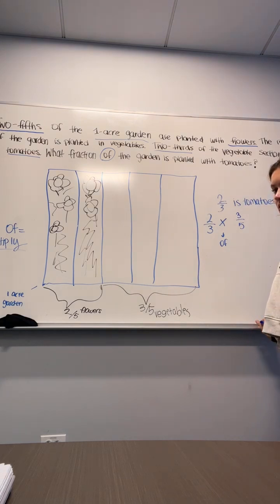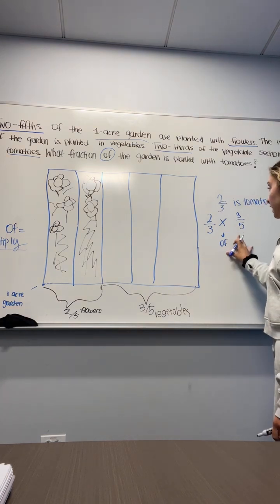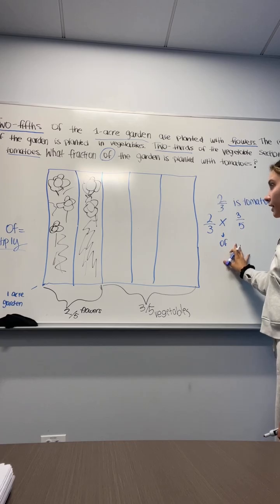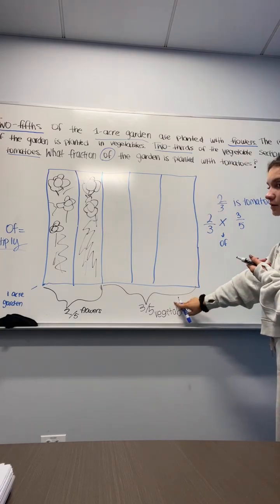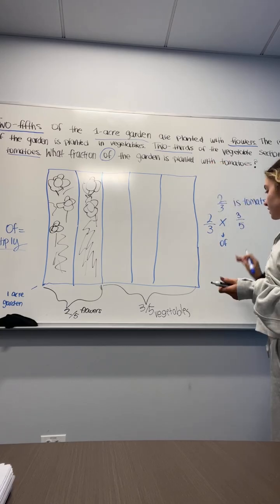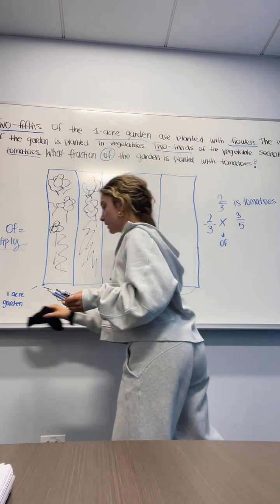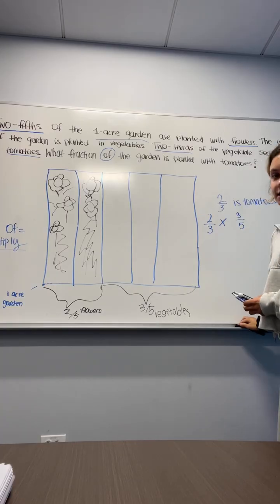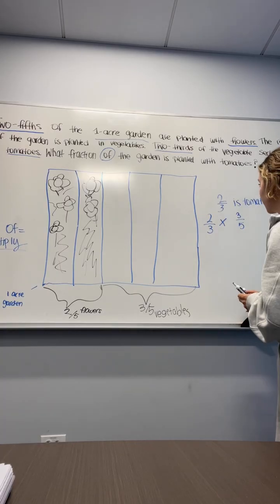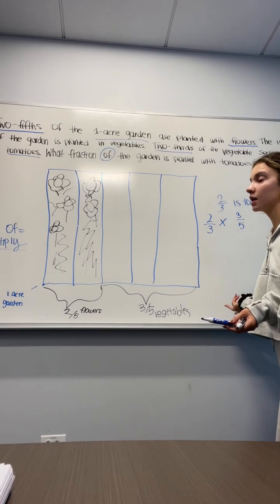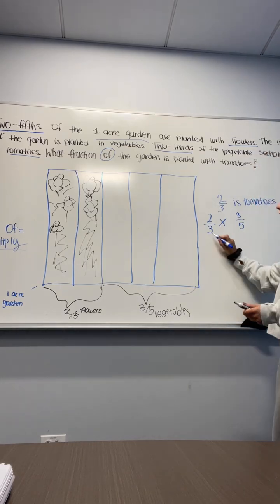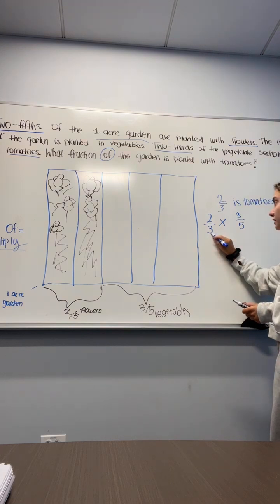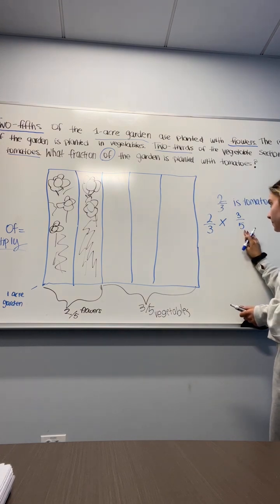Okay, so in order to do that, we need to find a common denominator. So if we have 3/5 here and we need 2/3, I know that the easiest way to find a common denominator is by just multiplying the other denominator by itself. So over here we have 2/3, and over here we have 3/5.